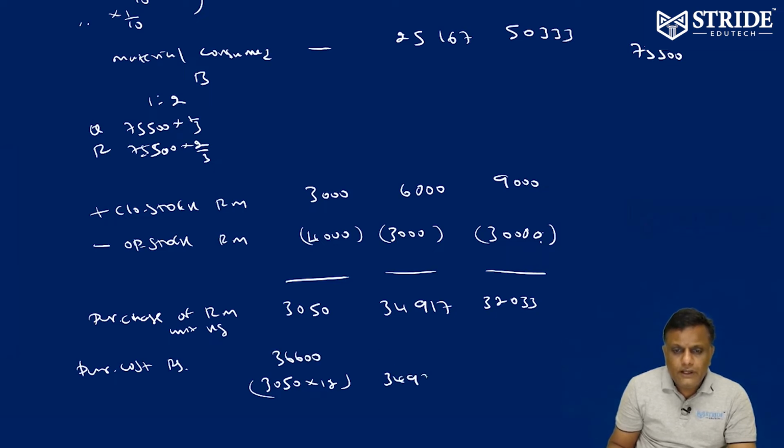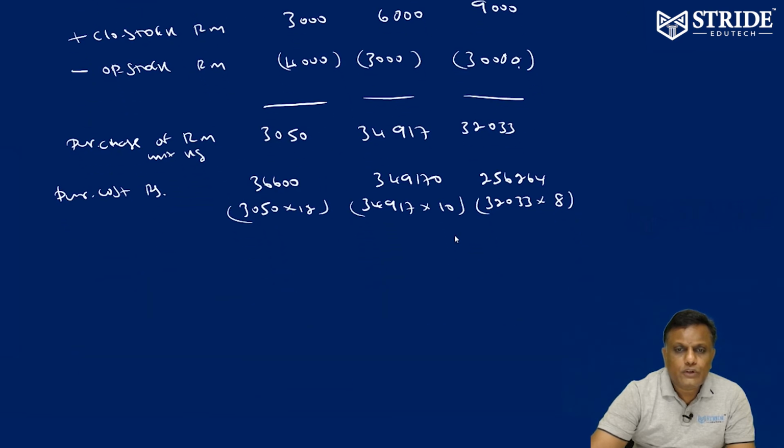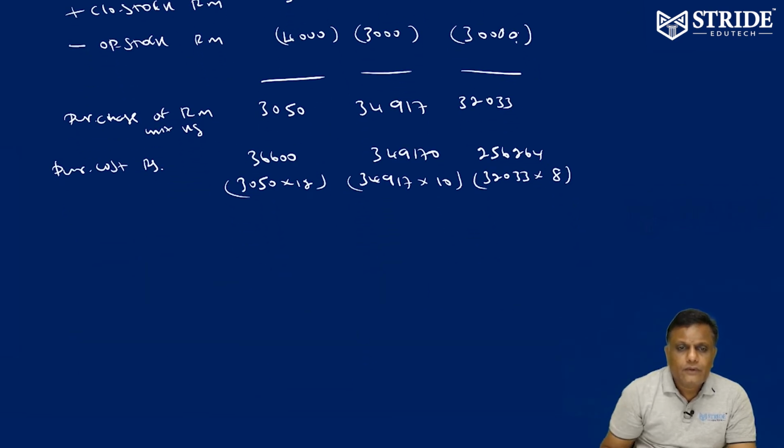Then 34,917 into 10 is 349,170 rupees. Next, 32,033 into 8 is 256,264 rupees.